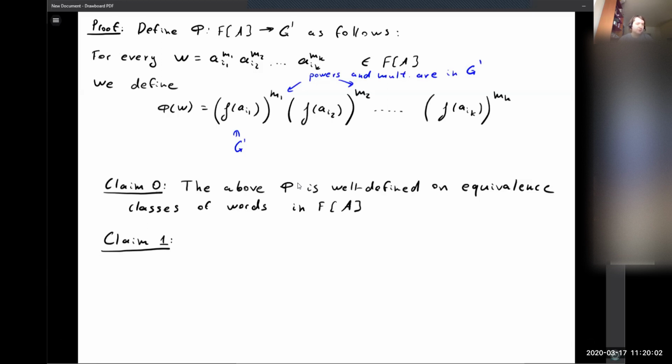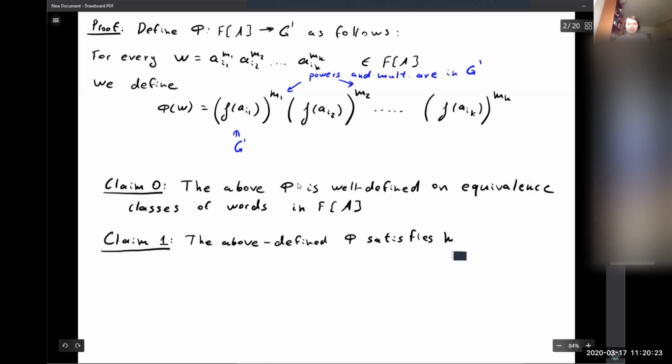So claim 1 is that the above defined phi satisfies the homomorphism property.